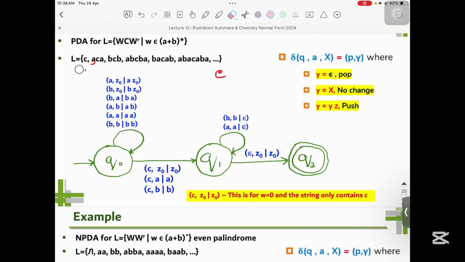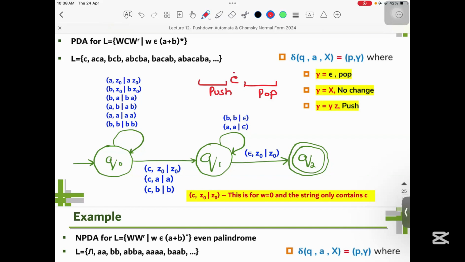You have an identifier C, so everything before C we will push, and everything after C we will pop. Whenever we pop, if the element we are currently reading after C and the stack top are the same, then we do the popping, otherwise we will not.